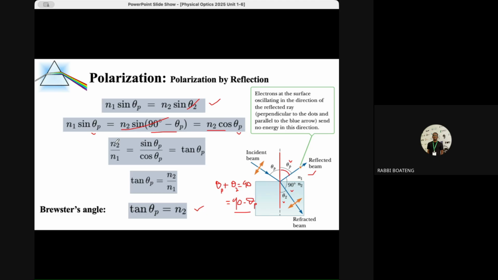Then we can have n2 over n1, and we know that our n1 here is from air to the medium, say glass or water. Our n1 here ideally is 1, so we can just ignore it.